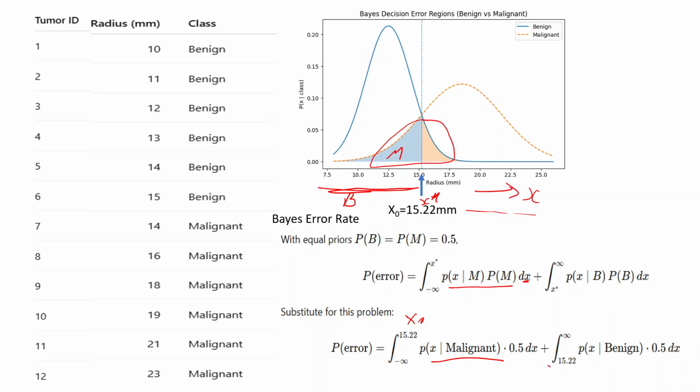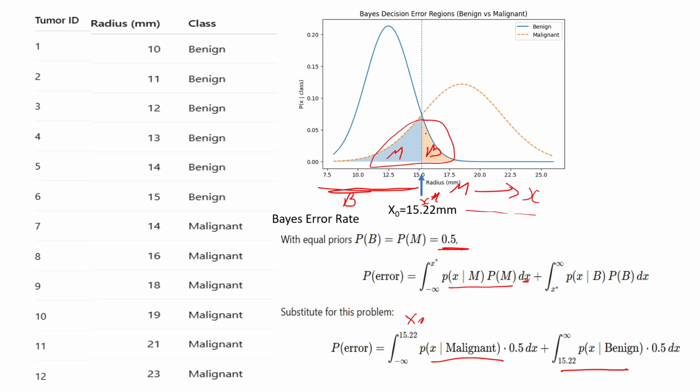And on this side, we are deciding it as malignant, but it is a benign case. Therefore, here it is an integral from 15.22 to infinity of the likelihood probability P of x given benign, times 0.5, because in this case we got 0.5 as the prior probability.